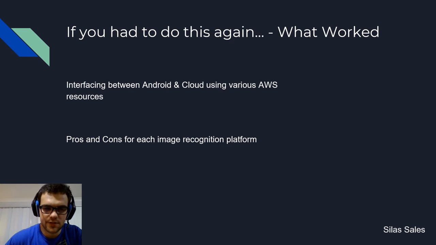Alright, if we had to do this again, what worked well and what would we improve upon? The process of uploading images and integrating with AWS through their cloud offerings was quite seamless once we got everything up and running. We would definitely use all those services that we mentioned before, and maybe even more if we needed to, because the cloud has a lot of good use cases for when you want to perform complex operations on a mobile device but don't have the horsepower to do so.